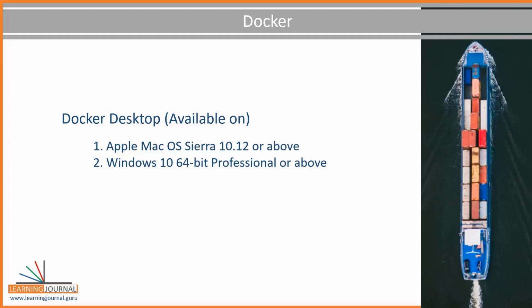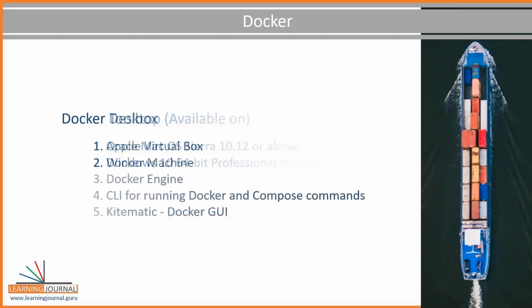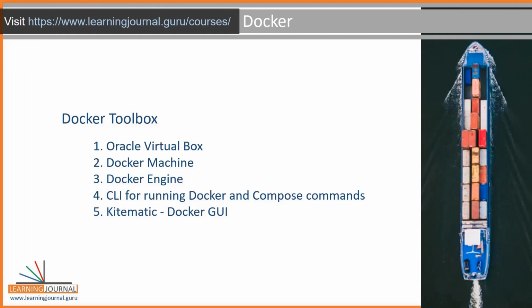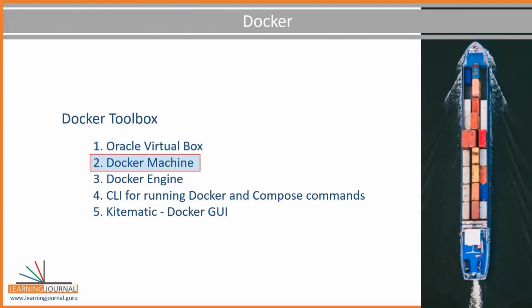However, on older operating systems, you can still create a Docker Engine using Docker Toolbox. The Toolbox is a combination of multiple tools. Since Docker Engine requires a Linux machine, you will need Oracle VirtualBox. The Docker machine is a tool that lets you install Docker Engine on virtual and remote hosts.